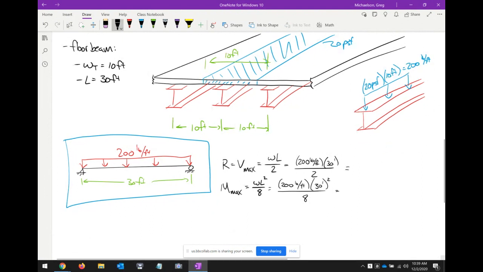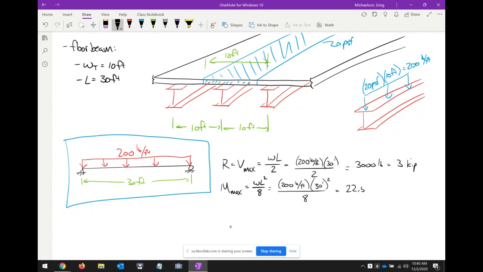Okay, so 200 times 30 over 2 is 200 times 15. So what's that, 3,000 pounds? Or 3 kips.